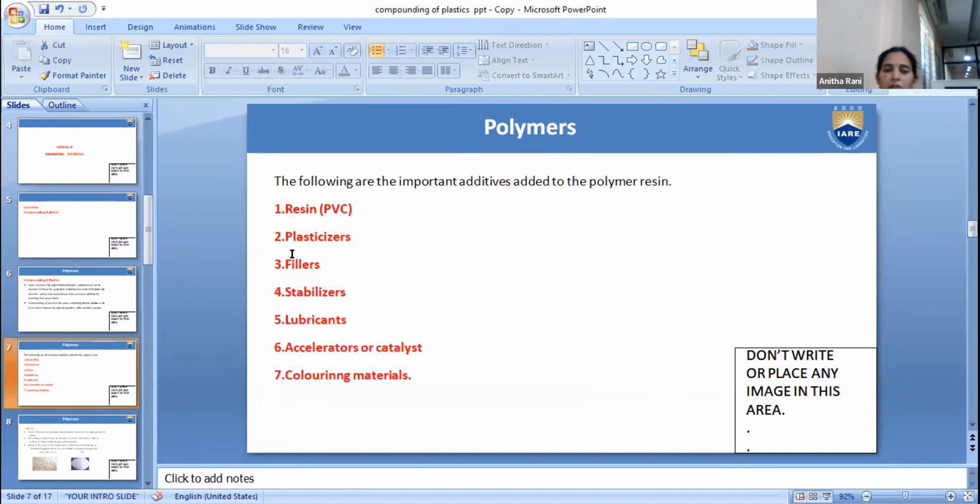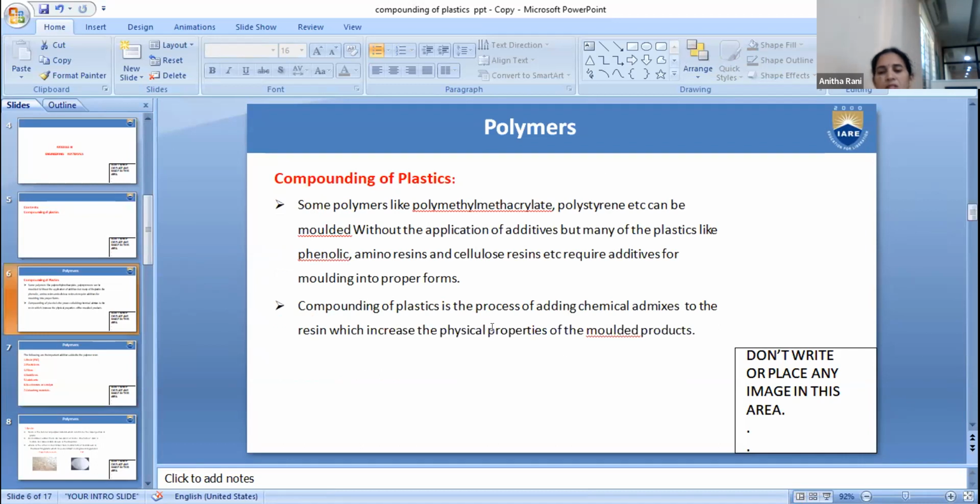In compounding of plastics, we will use these ingredients along with resin. The following are the important additives added to the polymer resin, to increase the physical properties of the molded products.